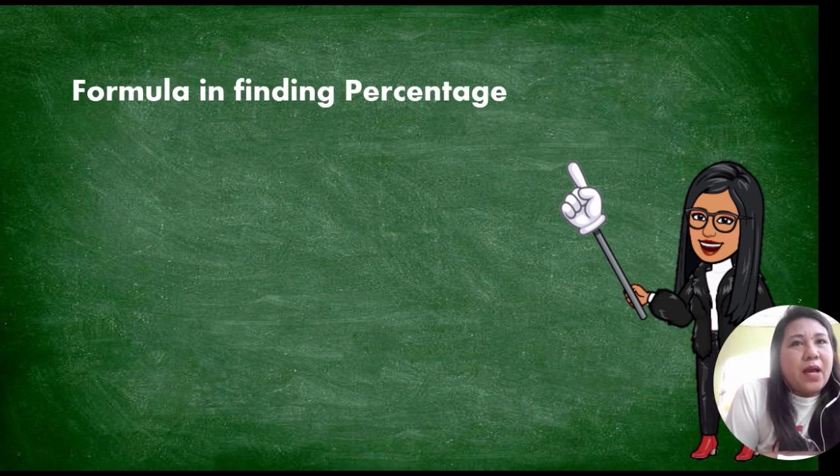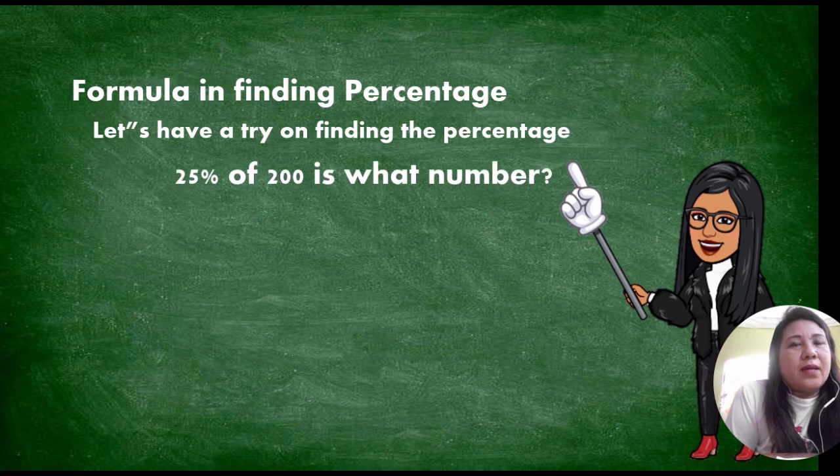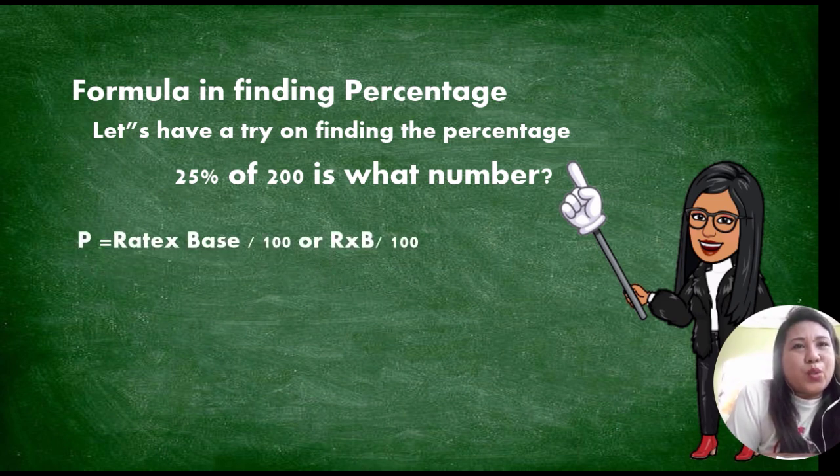Another one. Formula in finding the percentage. Let's have a try. 25% of 200 is what number? I repeat, 25% of 200 is what number? So we use the formula P, which stands for percentage. P is equal to rate times base divided by 100, or R times B divided by 100.